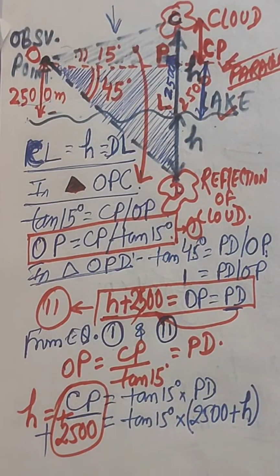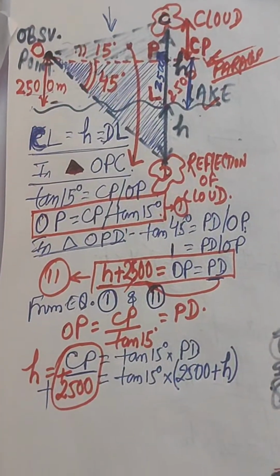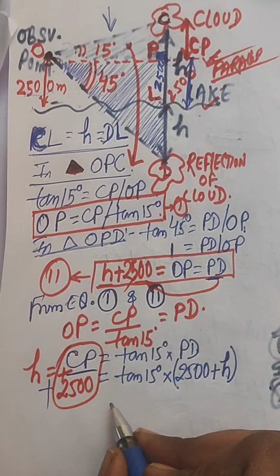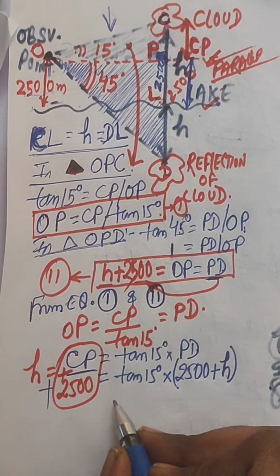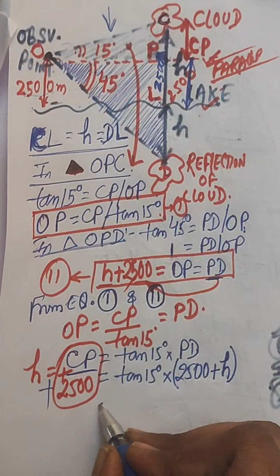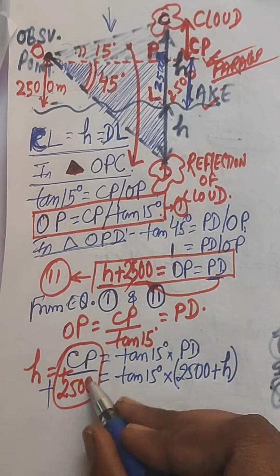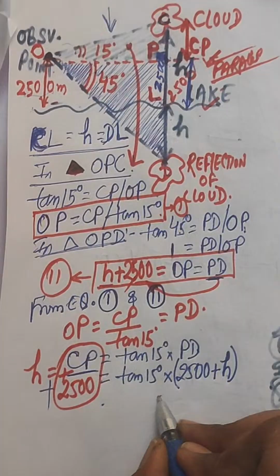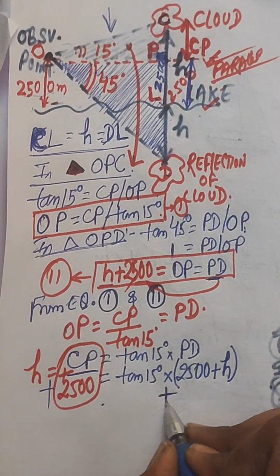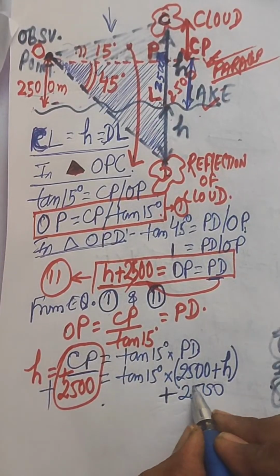So from here we can say that if we have added 2500 into the LHS, just add 2500 into the RHS.